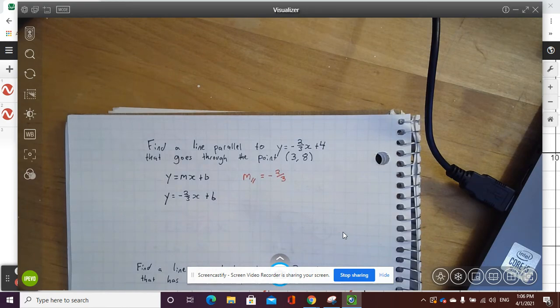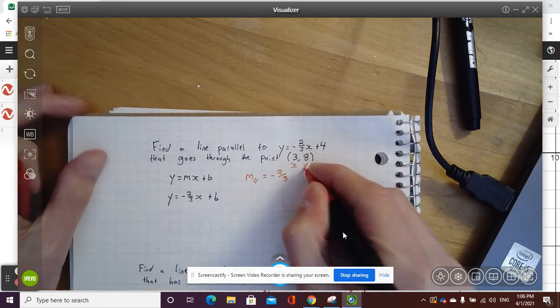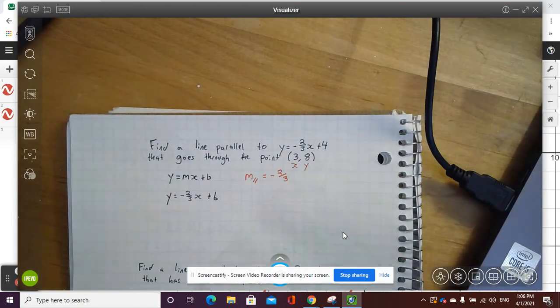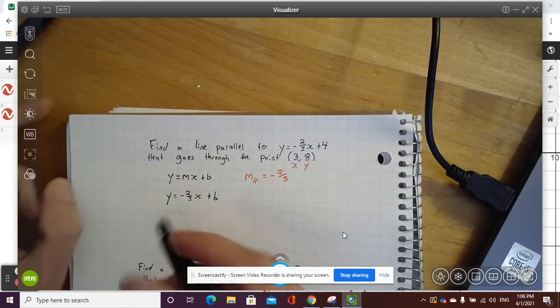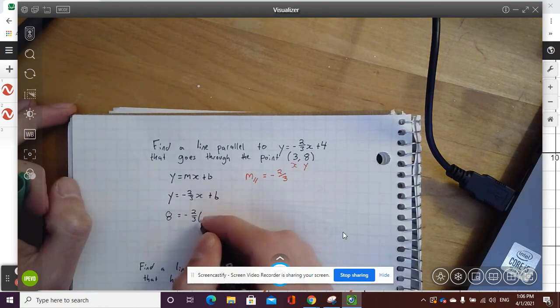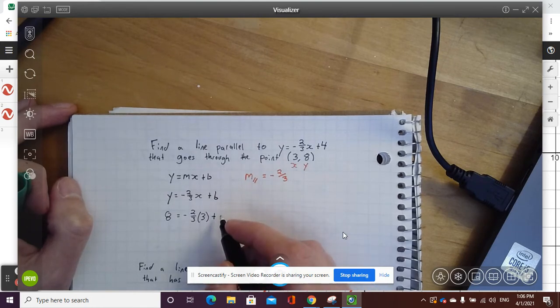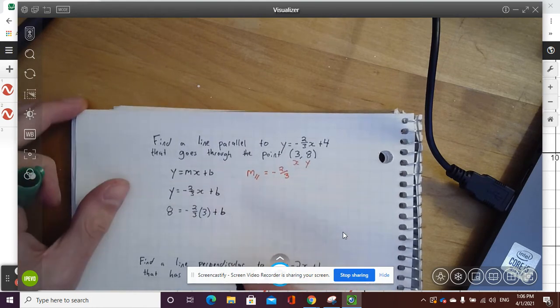So I can plug in this other point because I have an x and a y coordinate. I've got x equals 3 and y equals 8. So I'm going to replace y with 8, and I'm going to replace x with 3. Now I have an algebra equation that I can solve for b.